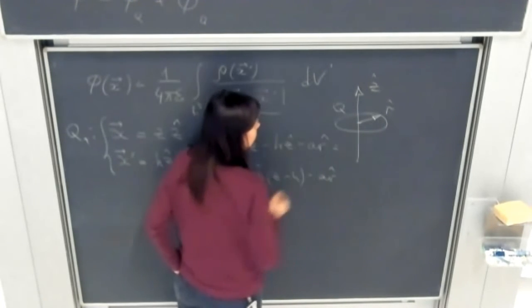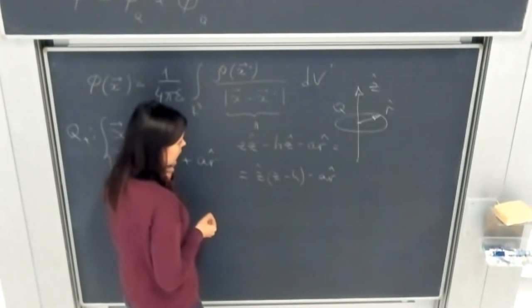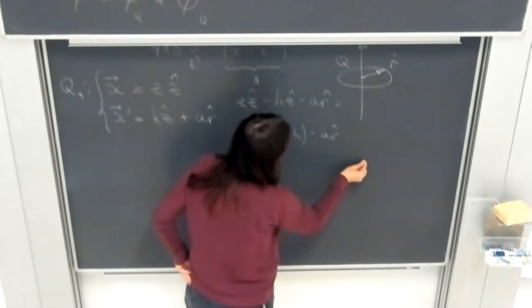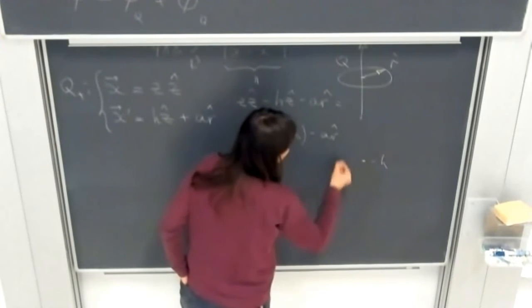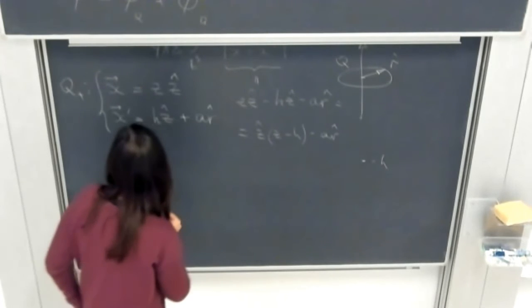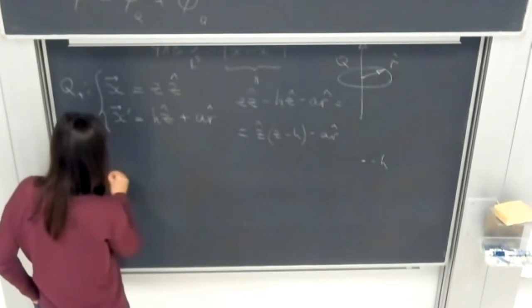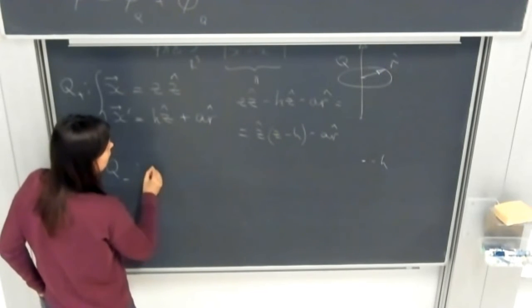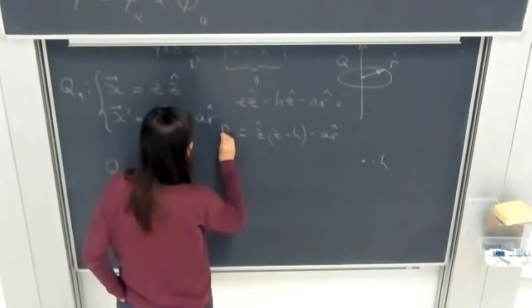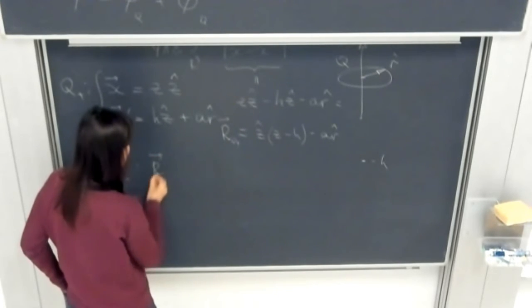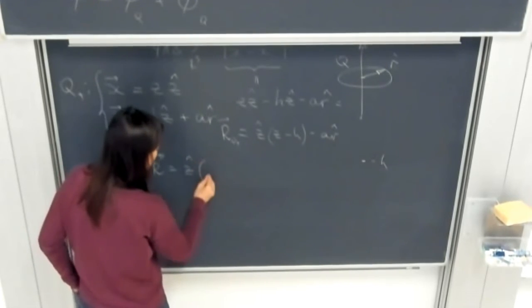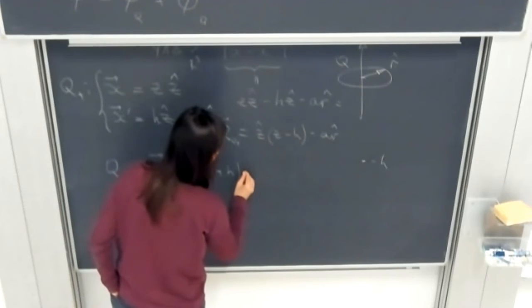And now this will be equal to, for the positive q. So what will be different for the negative q? It will be on the distance minus h. So for the negative q, r would be z plus h.